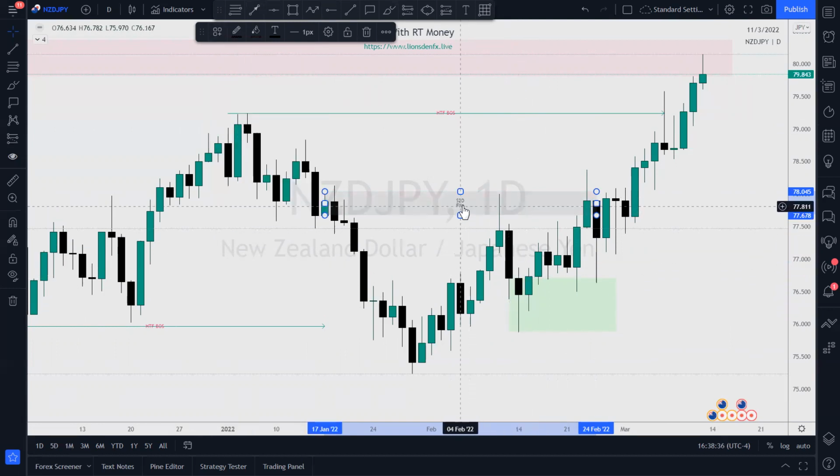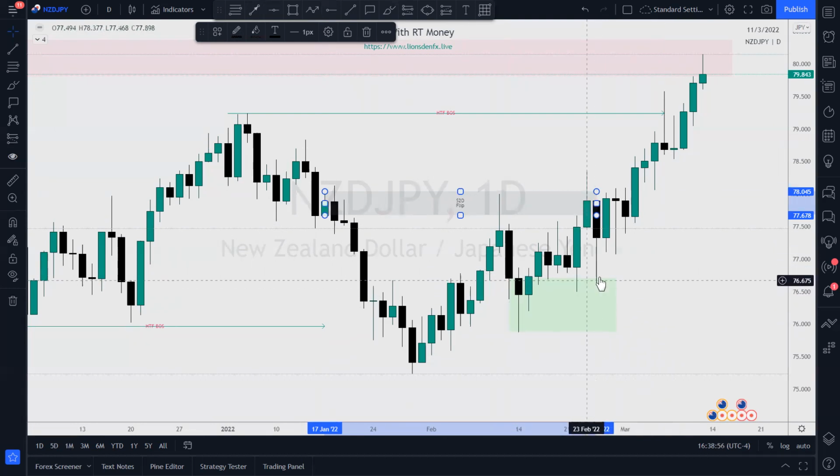Now, why do I have S2D in there? Because once it breaks supply, you're coming back to your extreme reaction. This is where you can take a high probability trade if price should come back here to the upside.